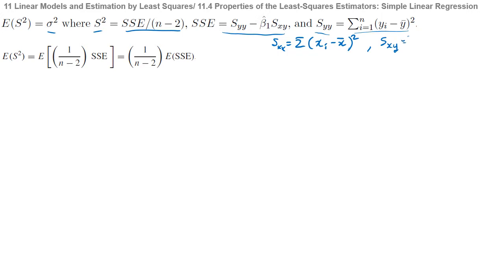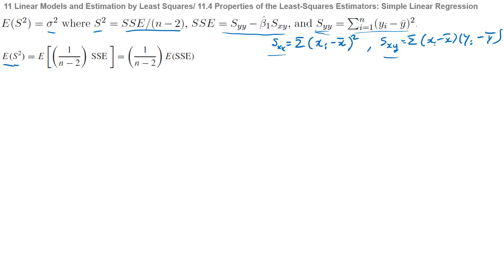SXY is the sum of xi minus x bar times yi minus y bar. Okay, these are the terms that I will use inside the proof.